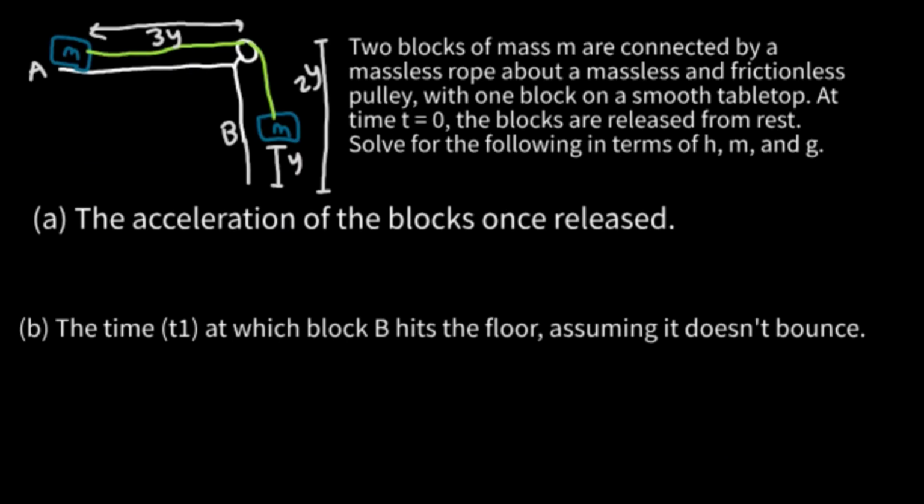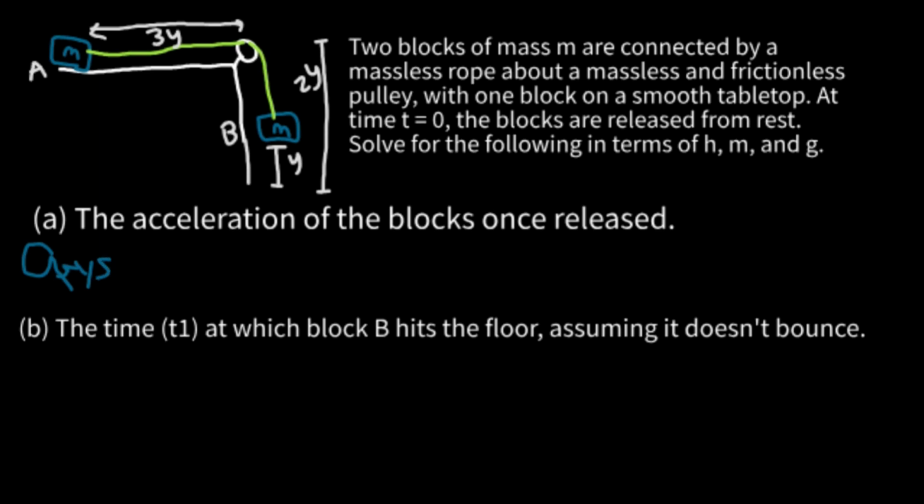Alright, here's the final problem for this video. We've got two blocks of equal mass connected by a massless rope about a massless and frictionless pulley on a smooth tabletop. That just means there's no friction, or friction is negligible, and the blocks are released and falling. We want to know, in terms of h, m, and g, the acceleration of the blocks. Well, hopefully you've got the hang of this by now and can do it on your own and get the right answer.